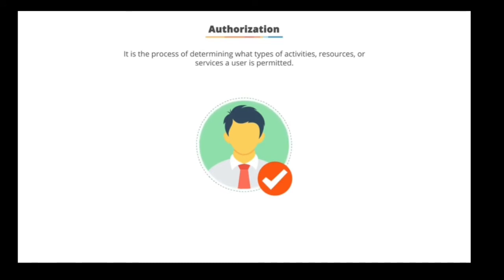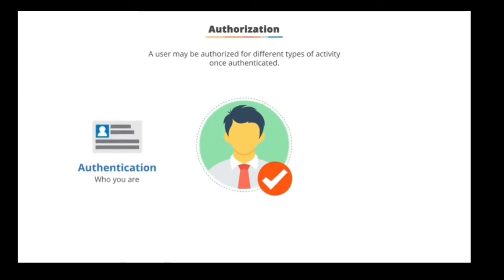Authorization determines whether the user has the authority to issue commands. Usually, authorization occurs within the context of authentication. Once you have authenticated a user, they may be authorized for different types of access or activity.